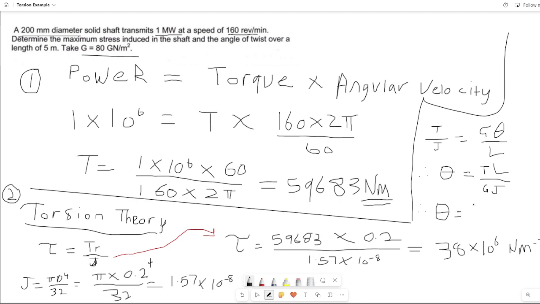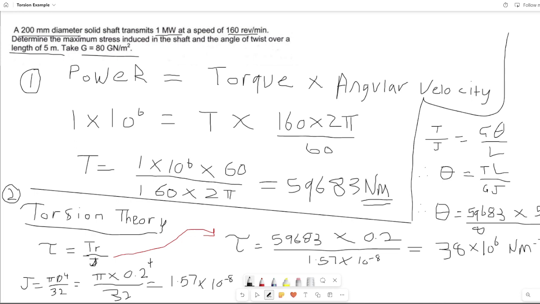In this case, we know the torque, which is 5,959,683. Then we times by 5, which is the length, and then divided by G, which is obviously 80 times 10 to the 9.